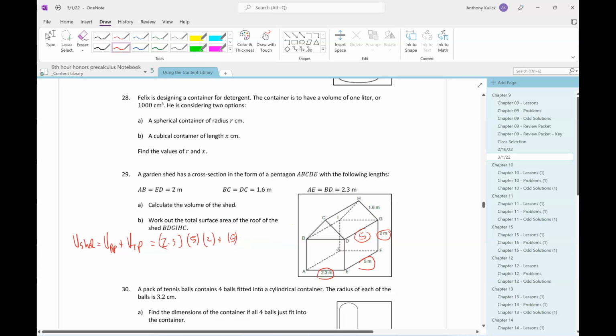So there's a couple of ways you could do this. Let's write that as B. We know this is 2.3. We know this is 1.6 and this is 1.6. So I could use Heron's formula to calculate the area of that triangle since I know the 3 side lengths. That would be appropriate to do here.